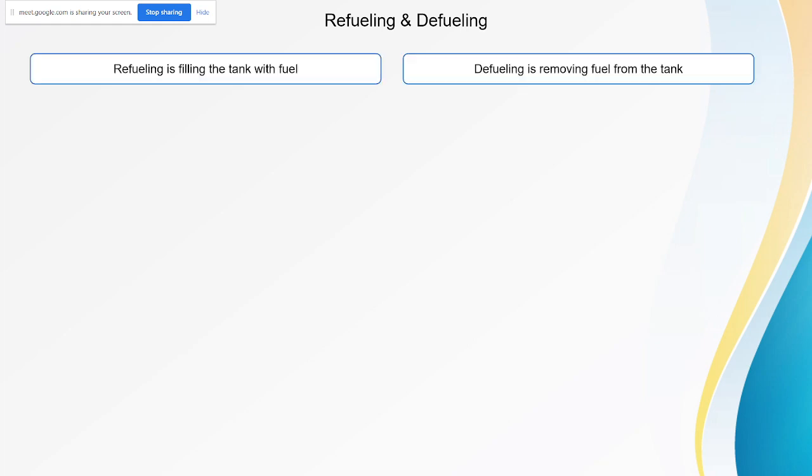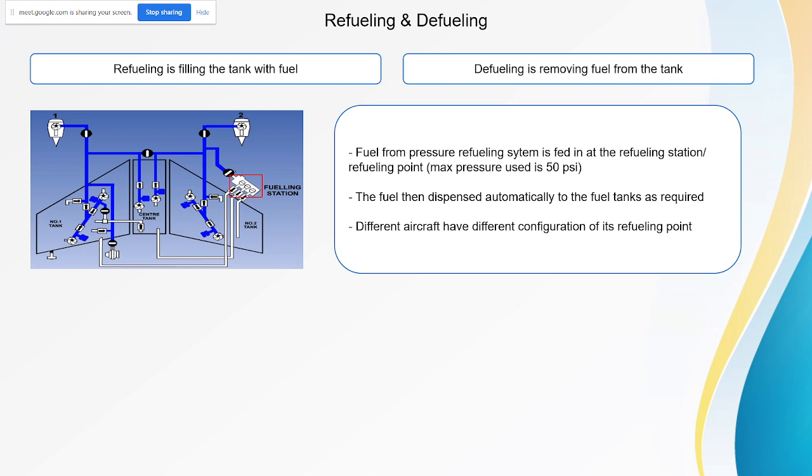Basically, refueling is filling the tank with fuel, while defueling is removing the fuel from the tank. For refueling the aircraft, the fuel is usually loaded through the refueling point, sometimes called the refueling station.